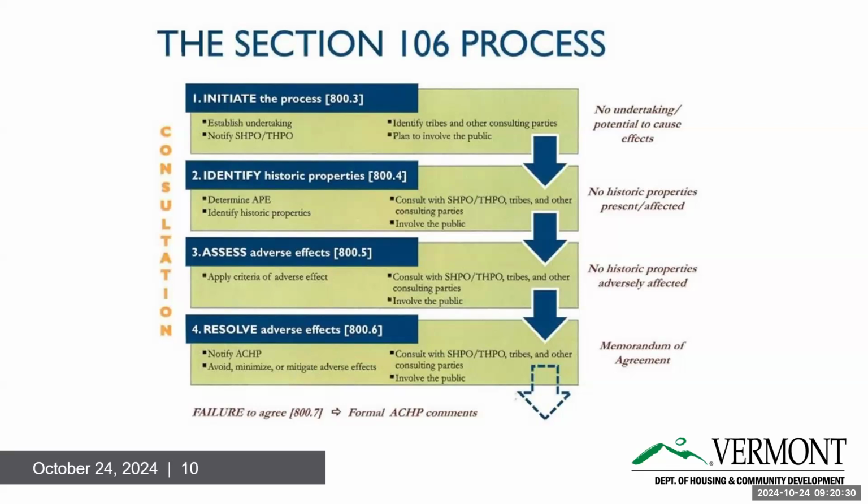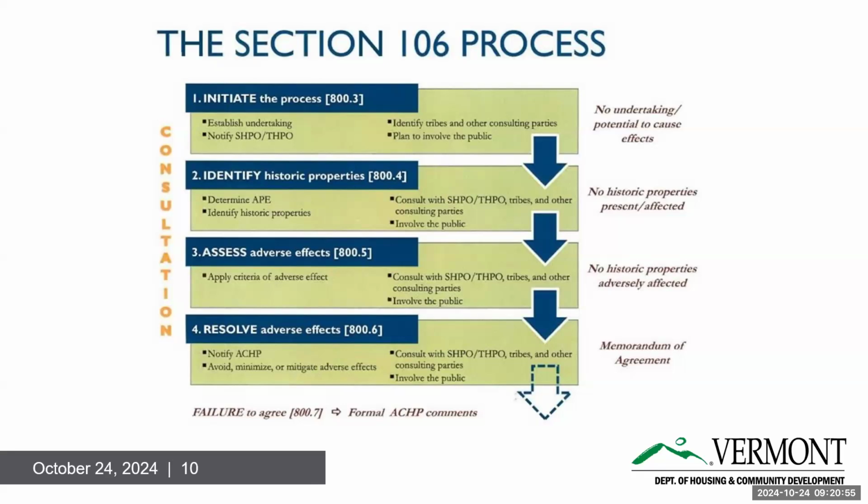Often we get projects coming to us and it's like, okay, we know this is going to be an adverse effect, but we need to figure out how it won't be. And that's doable because we can together work to avoid, minimize, reduce impacts so that it could be no adverse effects.